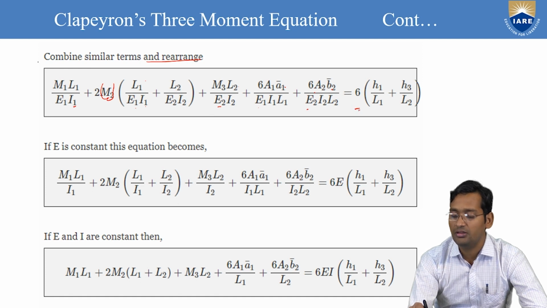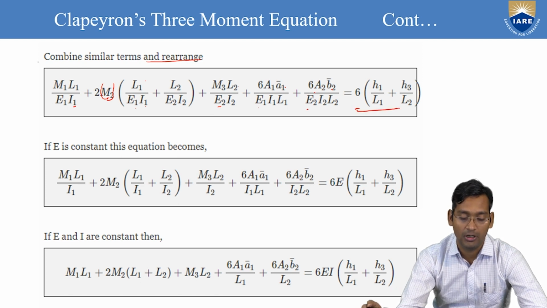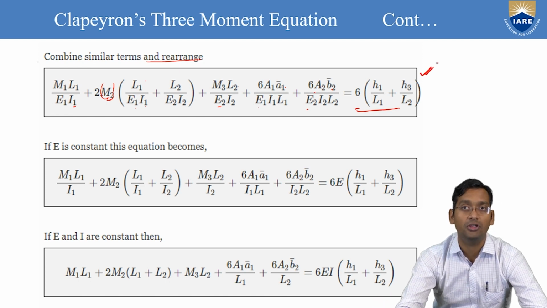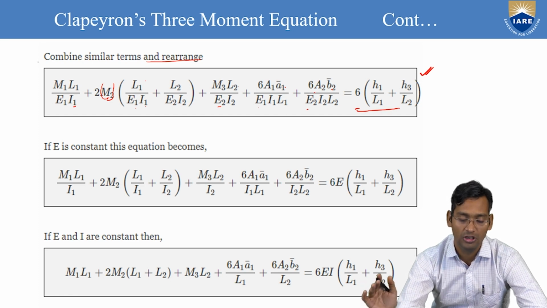Okay. That is equals to 6 into H1 by L1 plus H3 by L2. So this is our formula after rearranging. Now, with conditions. Now, let's see how once we change the condition, the formula will also change.